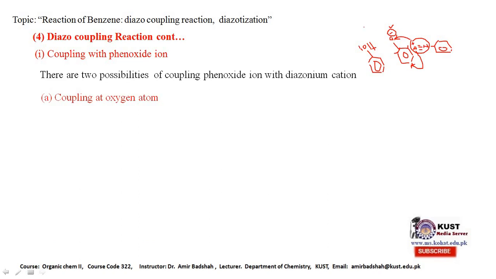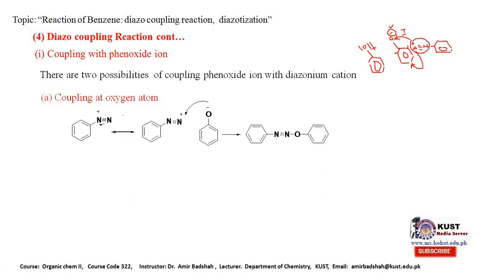First, the coupling of the diazo group with the oxygen. How does it couple with oxygen? We know that the diazonium salt is a resonance stabilized species. This is a triple bond. When the electron is shifted here, this positive charge is finished and the positive charge appears here.